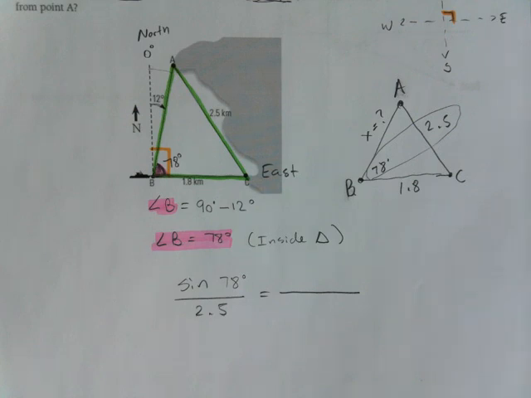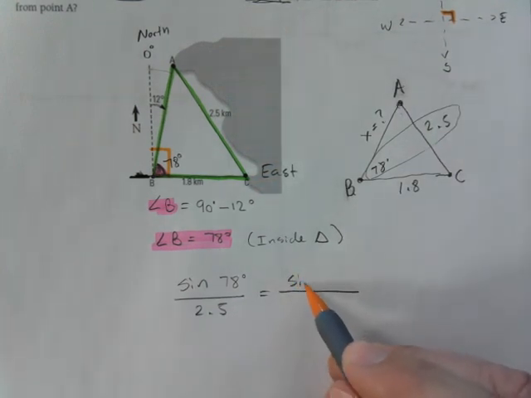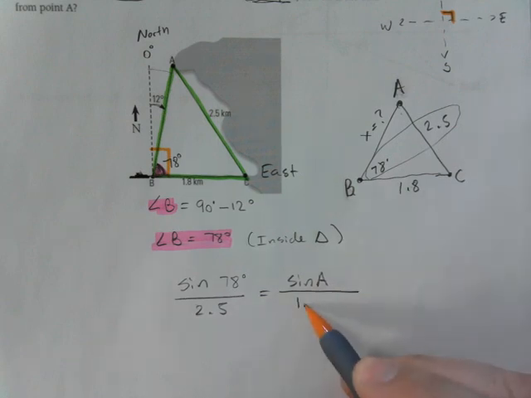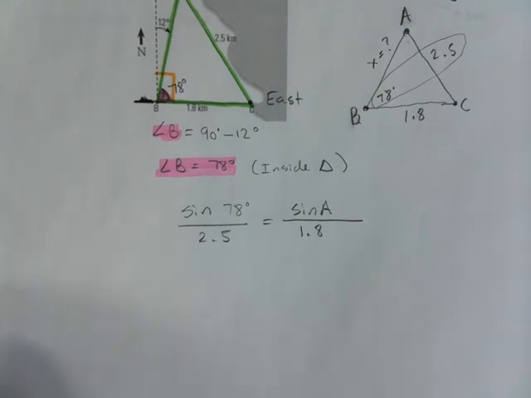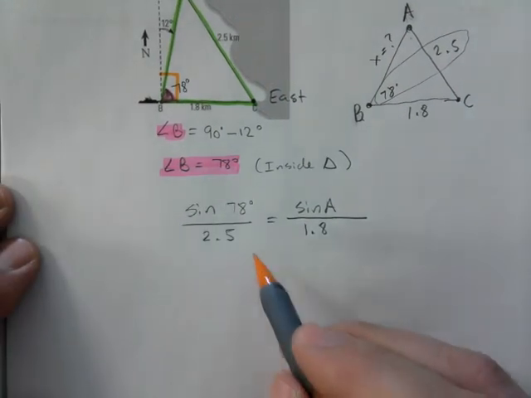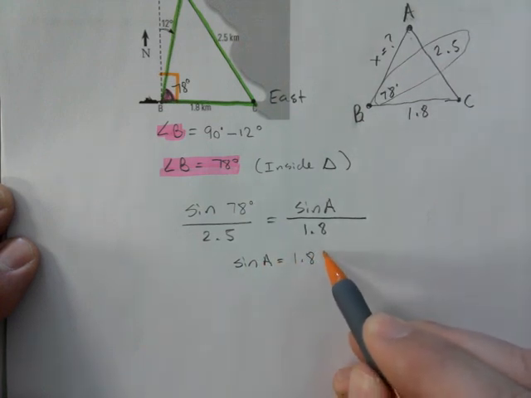Can I solve for side x just like that? As it stands, no. What is the only thing that I can do right now? I have this side which allows me to solve for that angle. So I have to do that first. Watch this. I'm going to go sine of A over 1.8. So this is a multi-step question.